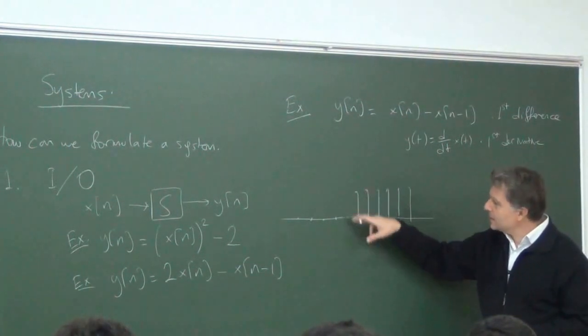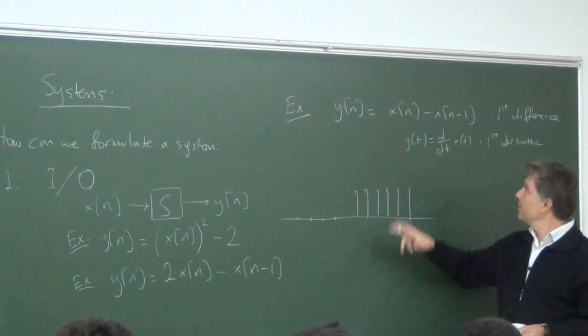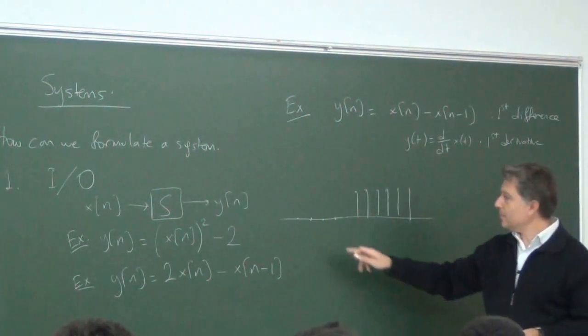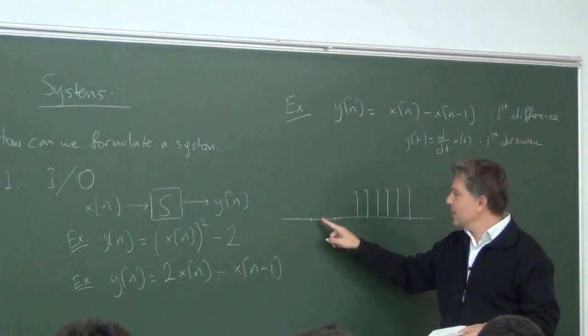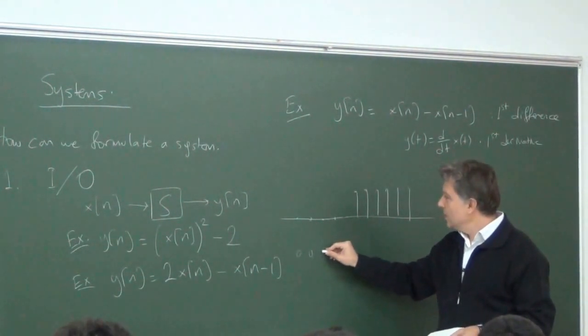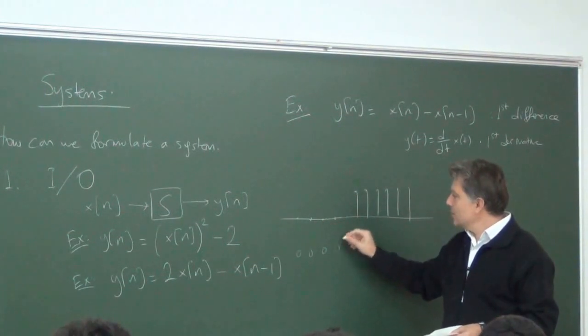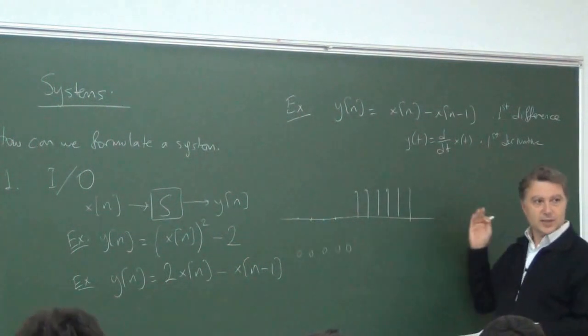Now, can we just locate this position where the transition occurs? Let's apply this. x of n minus x of n minus 1 is 0 at the output, for all these n positions, which we slide, of course.